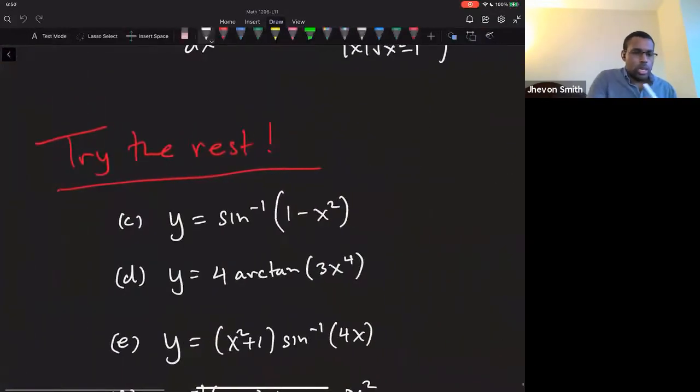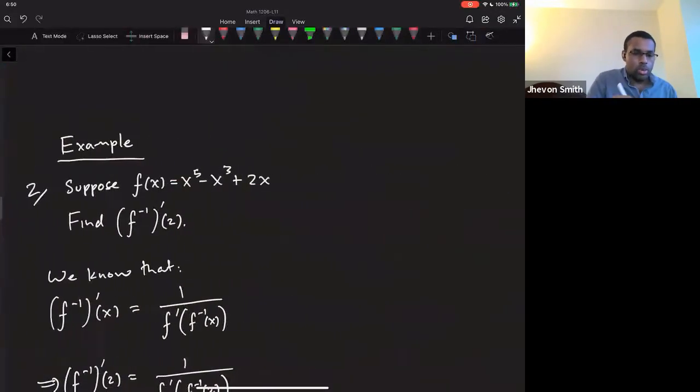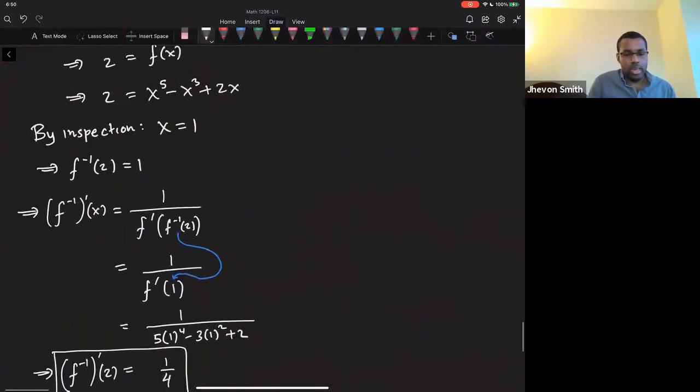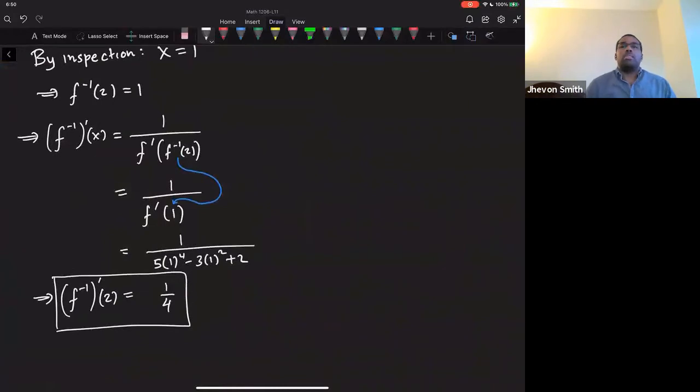So here, in general, we don't really know what the inverse function is, but we can, in theory, find the derivative of the inverse at any point, which would allow us to construct tangent lines at any point, which would allow us to describe what the inverse function is doing at any point without actually knowing what the inverse function is. That's pretty neat, pretty useful.